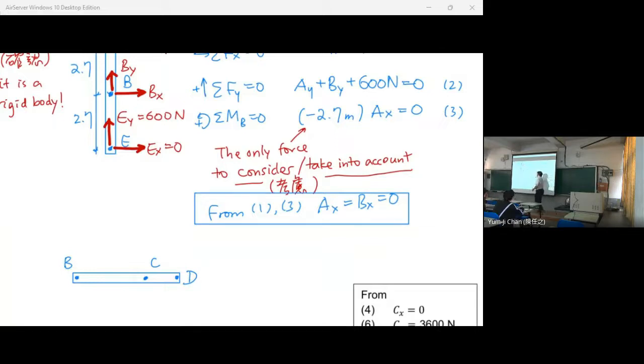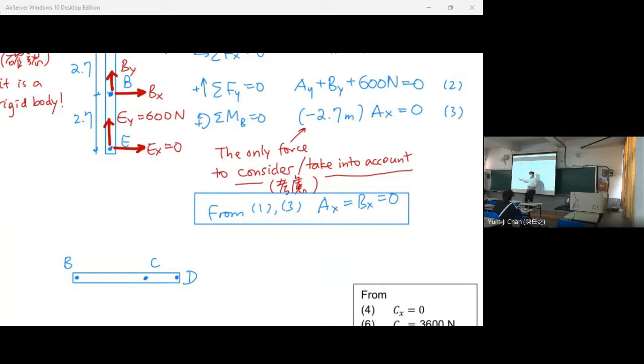By action and reaction, the force acting from BCD to AB is to the right, so this Bx is to the right, so this is action. And what's the direction of reaction of Bx? This is action, and this is reaction.